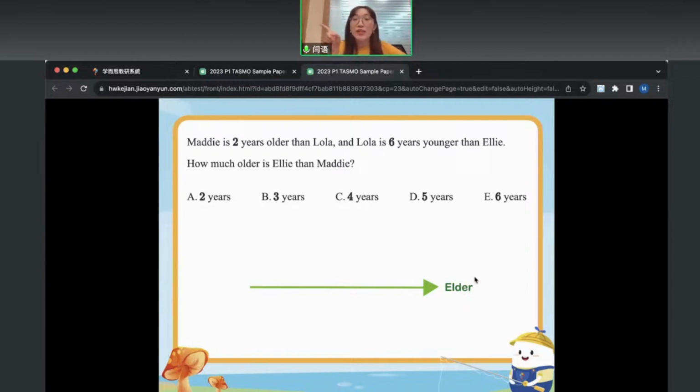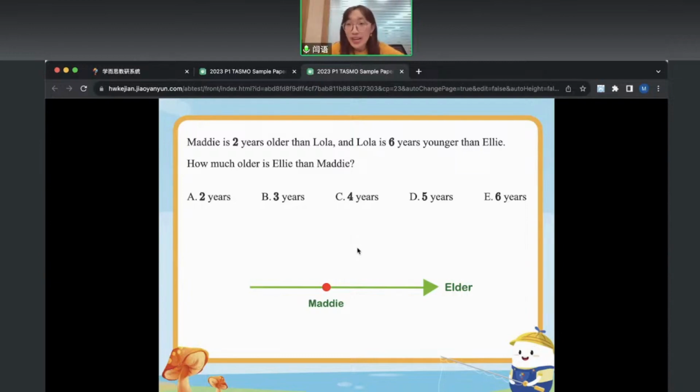It refers to who is elder. Okay, and then let's have a look. Try to find the main character. 谁是在这一道题当中的关键人物呢？我们读第一句话。Maddie is 2 years older than Lola. So we can just draw a dot. Okay, draw a red dot to represent Maddie. Maddie is 2 years older than Lola.